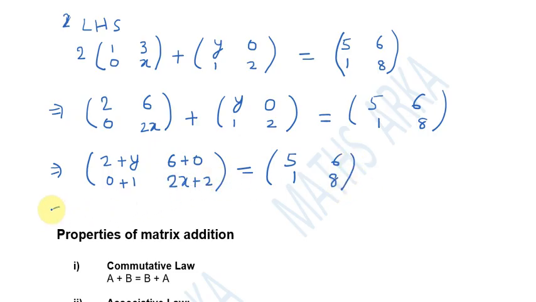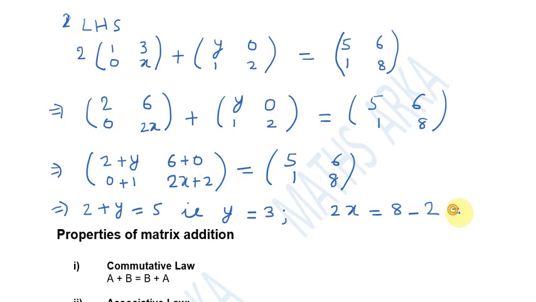What does that imply? 2 plus y is equal to 5. That is, y is equal to 5 minus 2, that is 3. Now 2x plus 2 is equal to 8, so we take the 2 to the other side: 8 minus 2 is equal to 6.